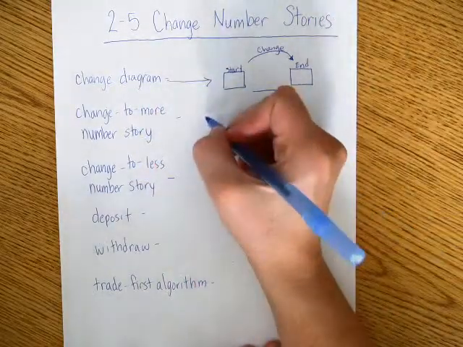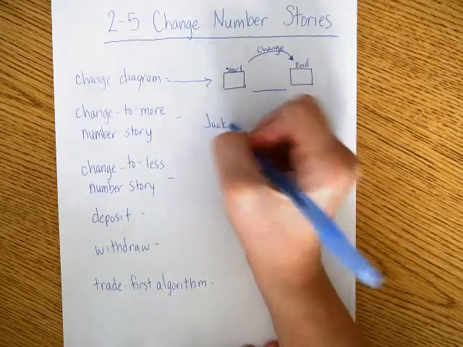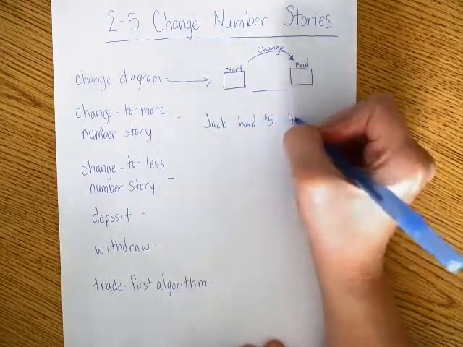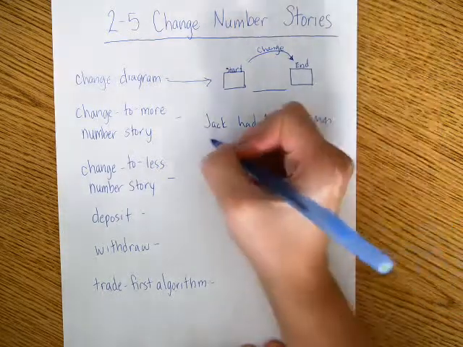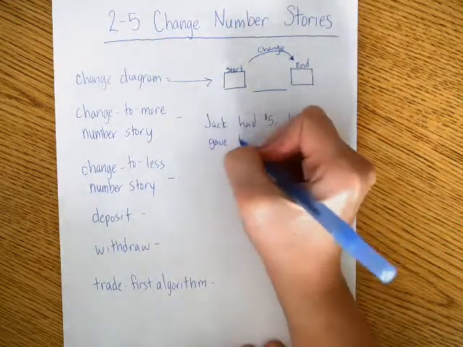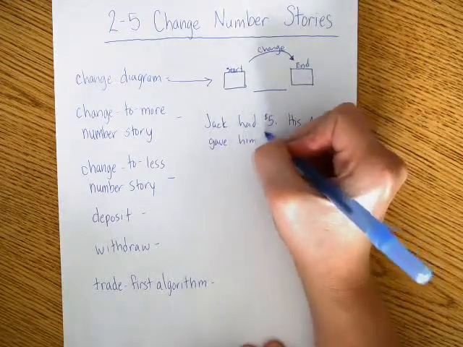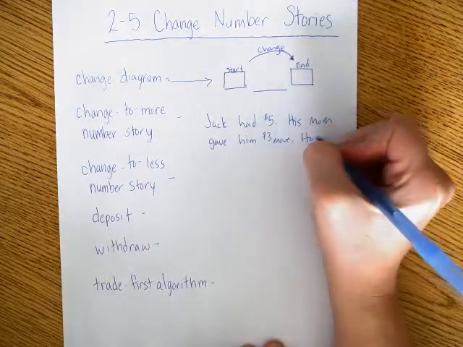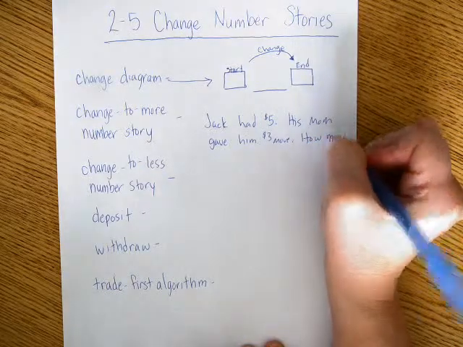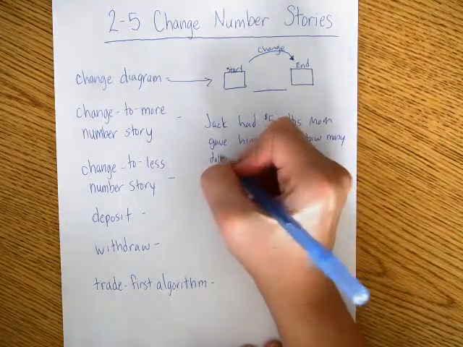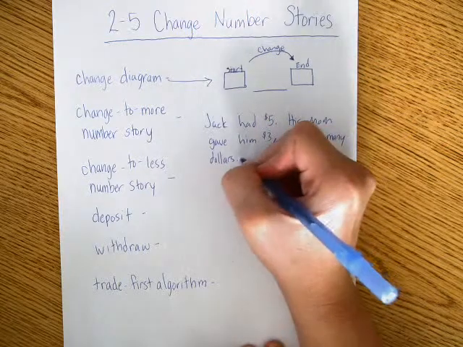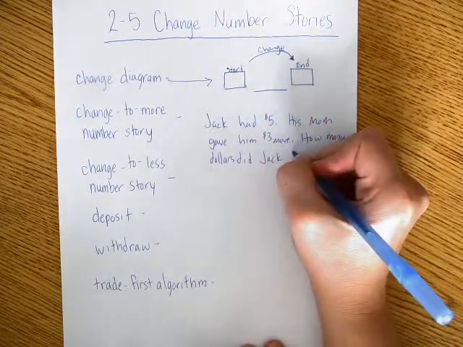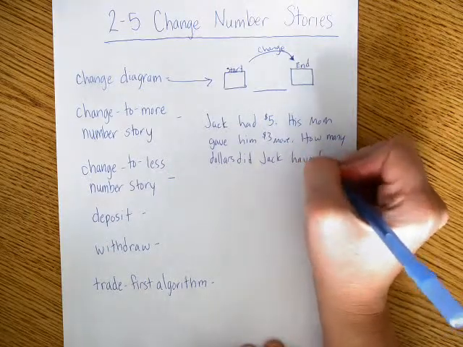So for example, Jack had $5. His mom gave him 3 more. And then how many dollars did Jack have then?